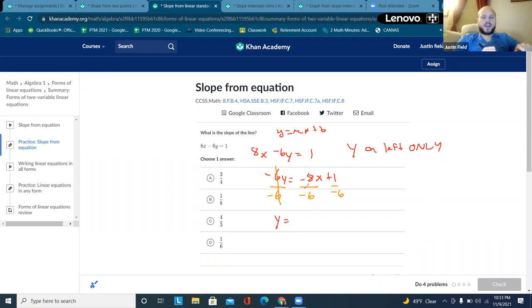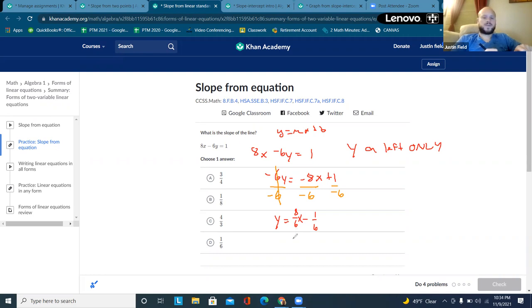And then 2 negatives cancel out, and that's 8 over 6. And then 1 and negative 6. And so I'm going to put that just like this. And I'll put that negative sign out front. Then I don't even need to write plus because it's a minus. Oh my goodness, don't forget to write the x, Mr. Field. And then so 8 over 6 reduces.